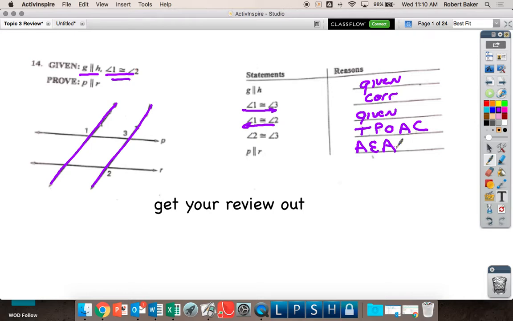Because alternate exterior angles are congruent, it proves the lines are parallel. So we said if lines are parallel, alternate exterior angles are congruent. And we also said if alternate exterior angles are congruent, then lines are parallel. So it's really the converse of alternate exterior angles, but I'll take that. All right, so it's just this one step using that transitive property.